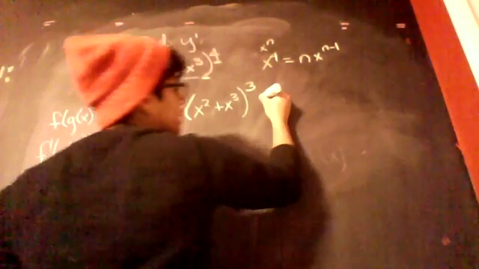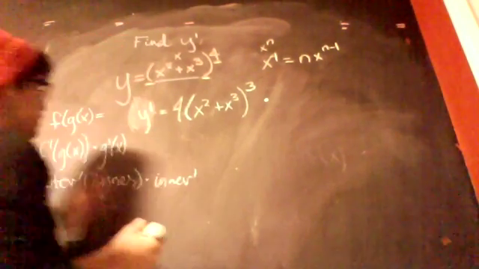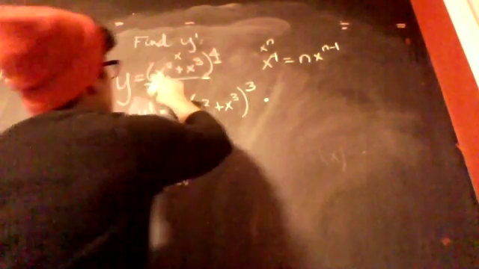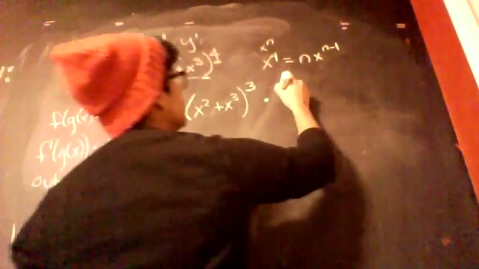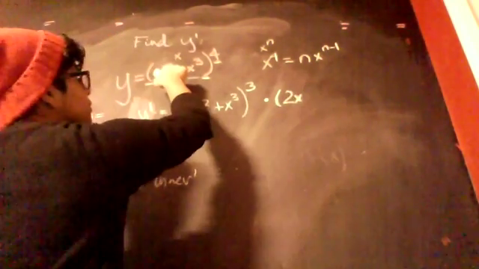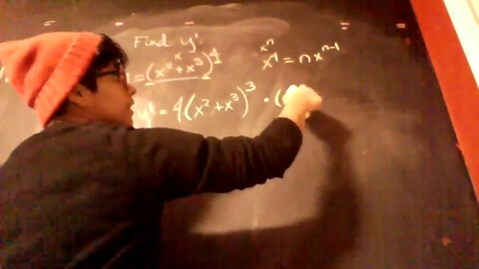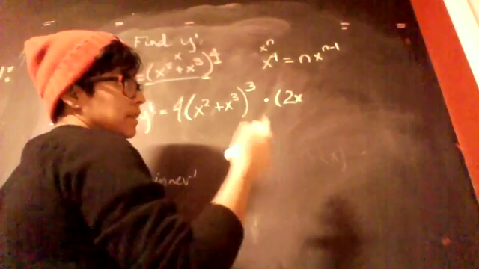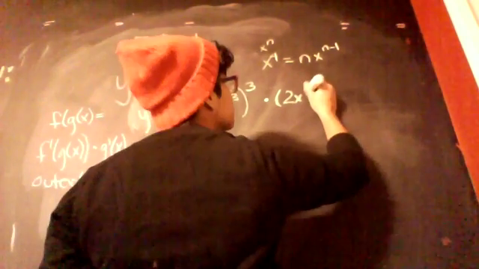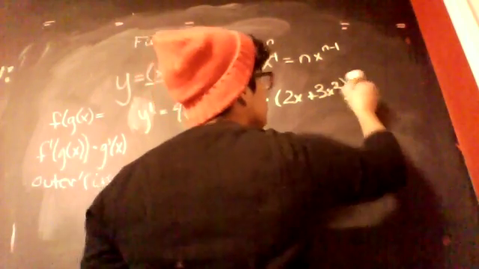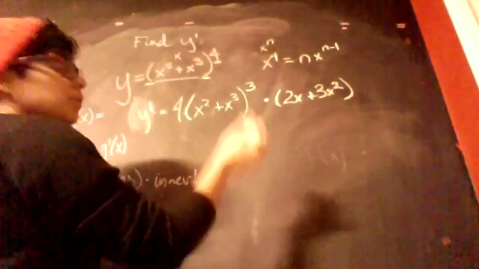And then multiplied by the derivative of g, which would just be 2x to the first, because 2 minus 1 is 1, so it'd just be 2x. The x would be at the first degree. And then plus 3x squared, and then you just multiply it all out.